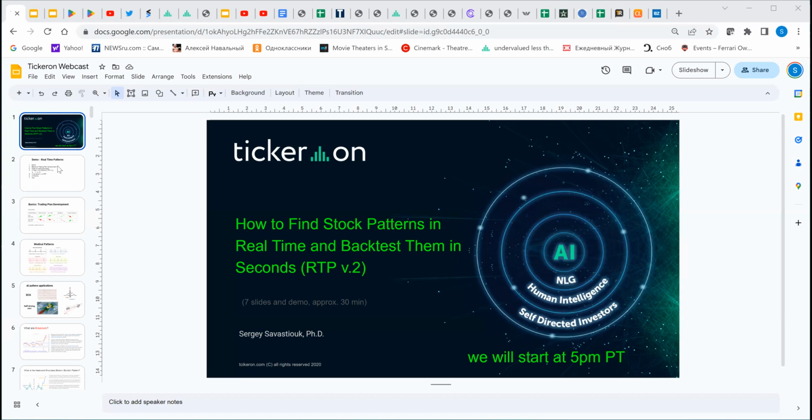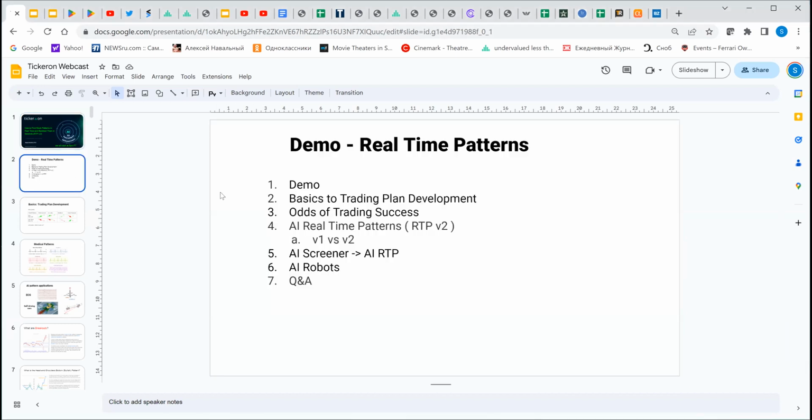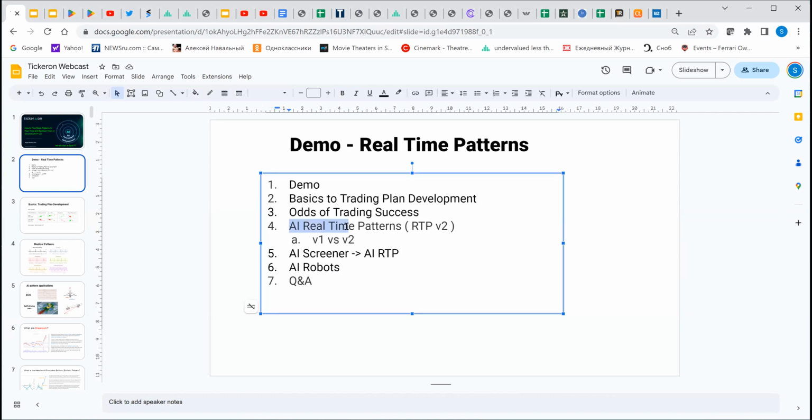Okay, so what we're going to be talking about today. I think I'm going to go through the demo first. I'm going to start it right here, and I will then show you how to use it. And I will show you how to use it with the screener together with RTP. And then I will go back and give you some basics.